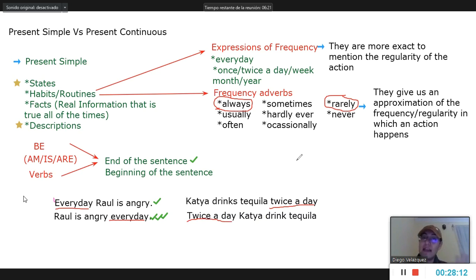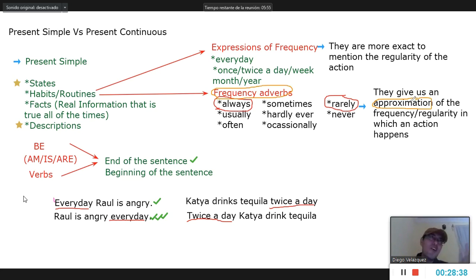So they are more or less similar to the frequency adverbs, guys. Just keep in mind that in the case of the frequency adverbs, children, don't forget that these frequency adverbs, they are not very specific. They only give me an approximation of the regularity. Always, okay, all the times.